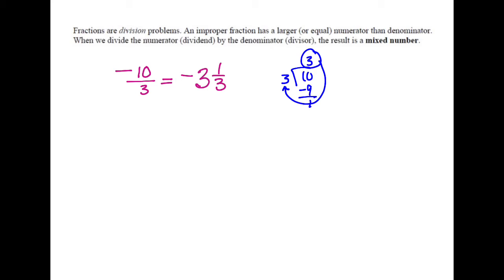Let me show you why you don't put a negative in your work. If I wanted to do negative 10 divided by 3, like this, 3 goes into negative 10 negative 3 times. So now negative 3 times positive 3 gives you negative 9.